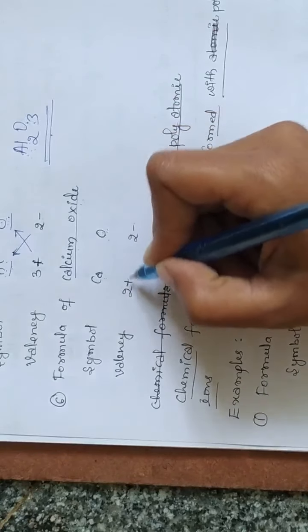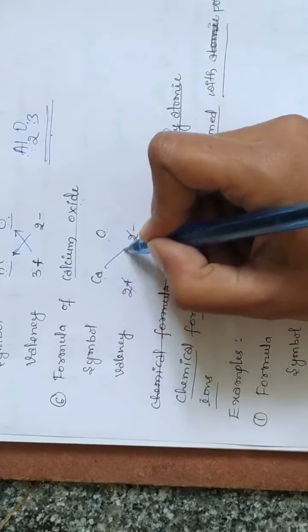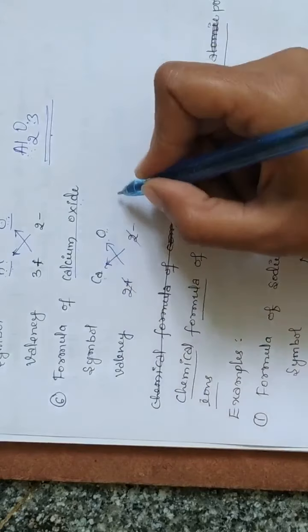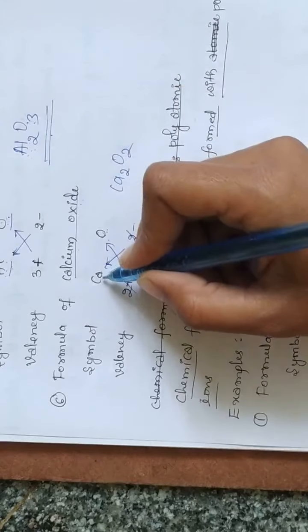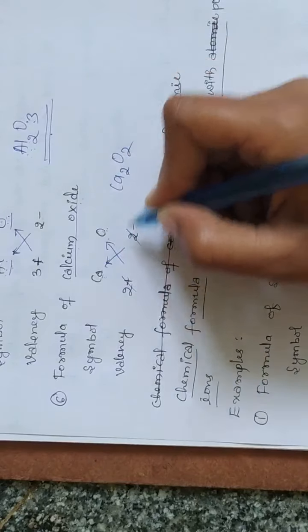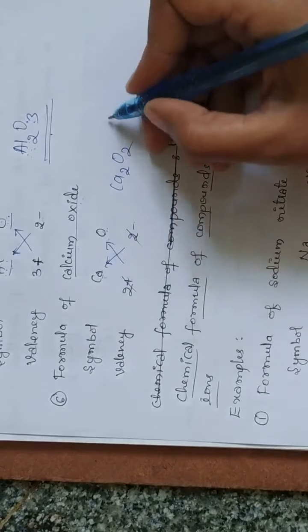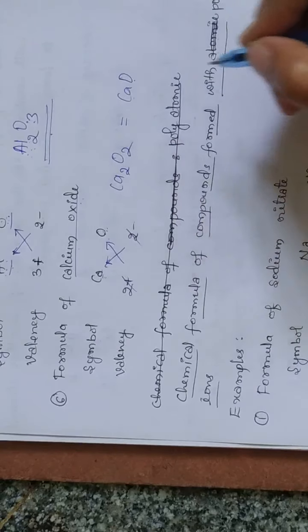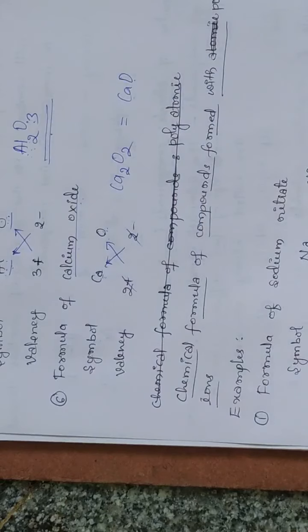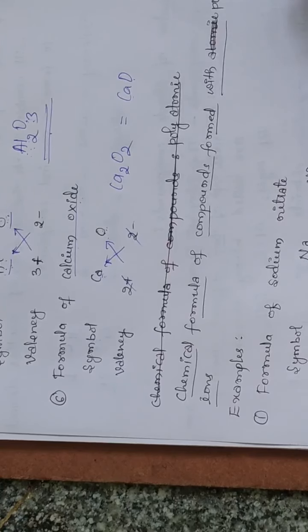So the same charges will cancel, or if you cross multiply also, we will get Ca2O2, calcium into 2, Ca2, oxygen into 2, O2. We can also simplify like this, CaO. These are the examples of how to write the chemical formula of chemical compounds.